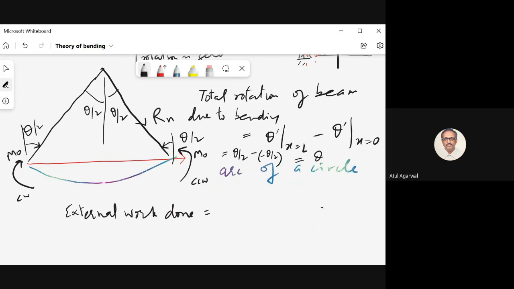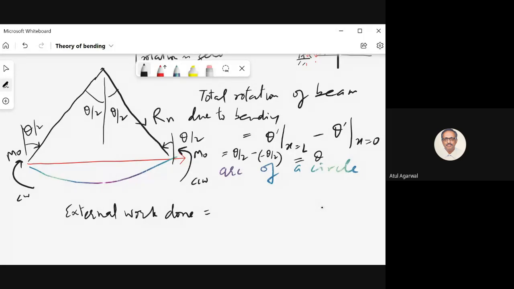Yes, anybody? Manjeet Singh? What is the external work done? You applied external moments, so those moments have caused rotation. And what is the work done by a moment? Moment into rotation.